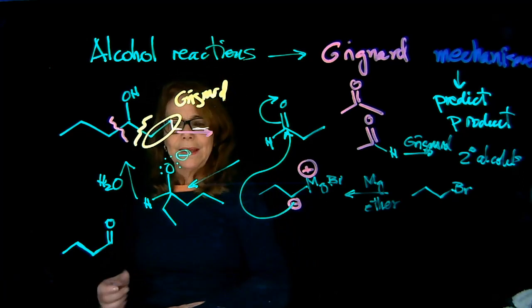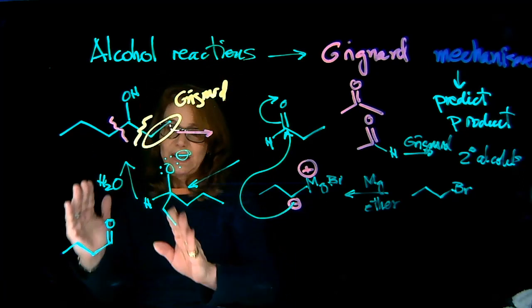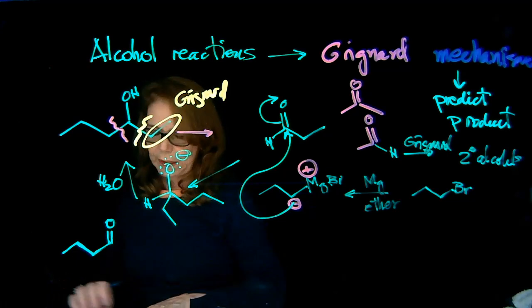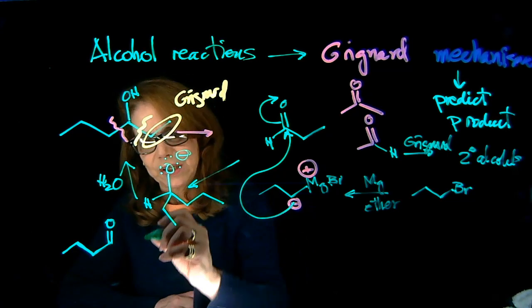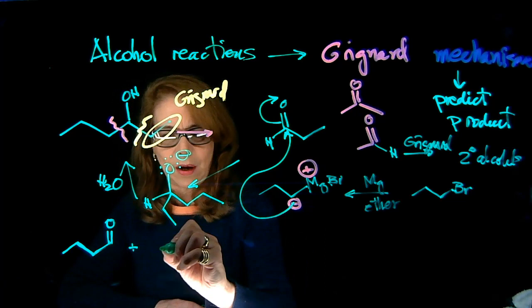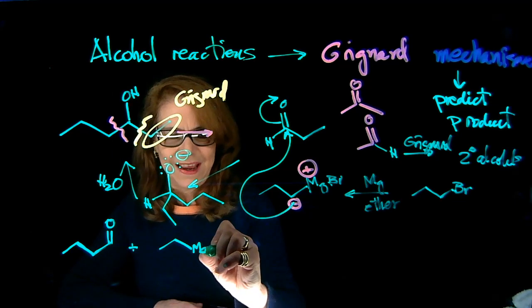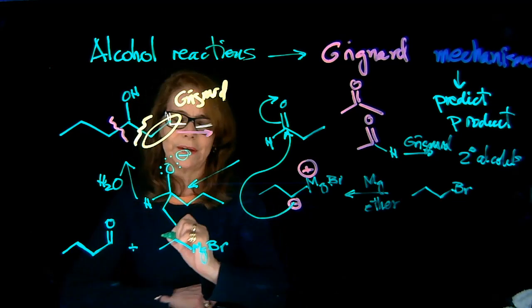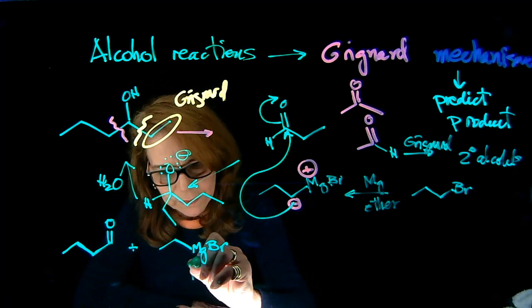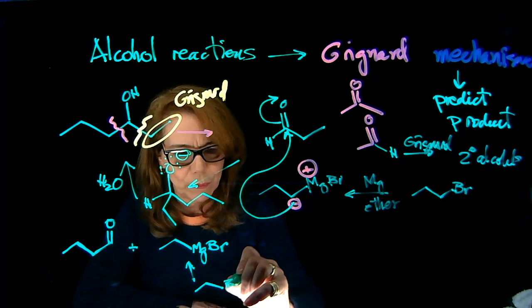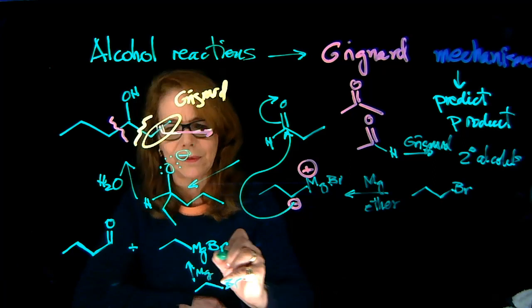And so for the second step, I'm disconnecting and saying that this fragment should be my Grignard, and that Grignard needs to have 2 carbons. So now this comes from ethyl magnesium bromide, for example, and you can synthesize that from ethyl bromide and magnesium.